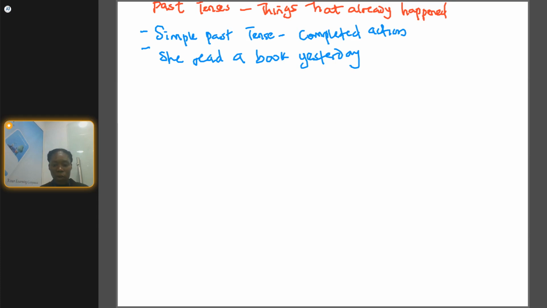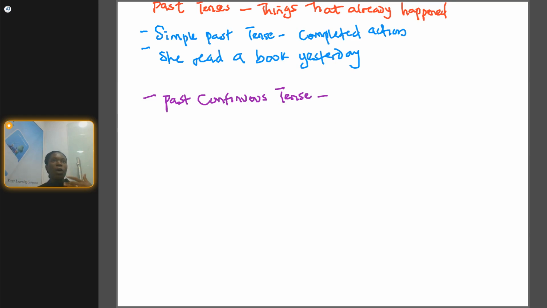Now we move to the second one, which is past continuous tense. All right. For past continuous tense, we say this is when something was happening when another thing happened. Something was happening in the past, then another thing in the past happened.